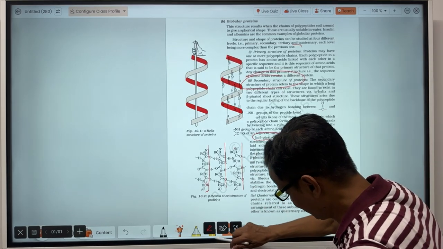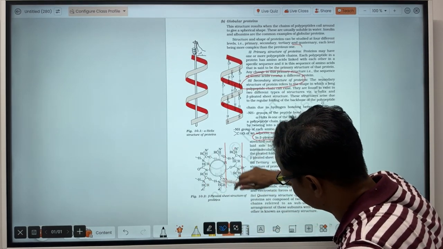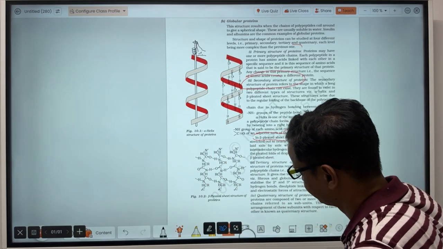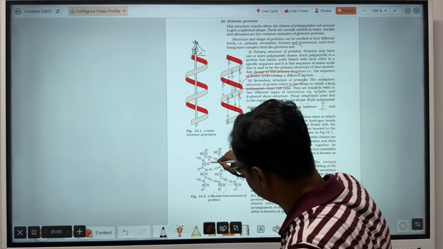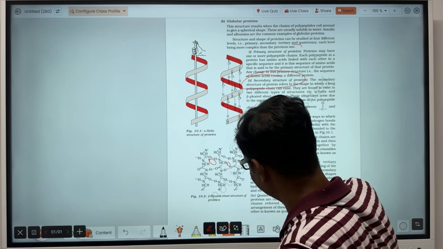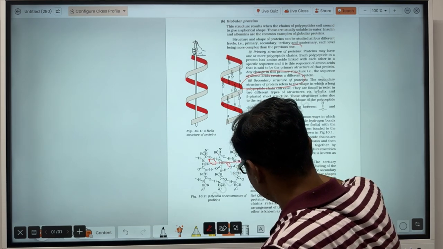And there will be formation of rings here. Watch this carefully.